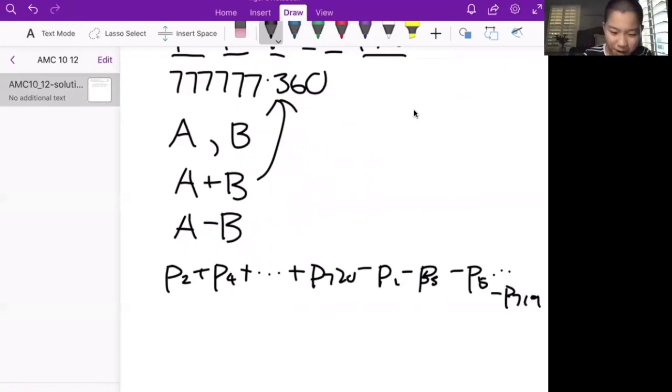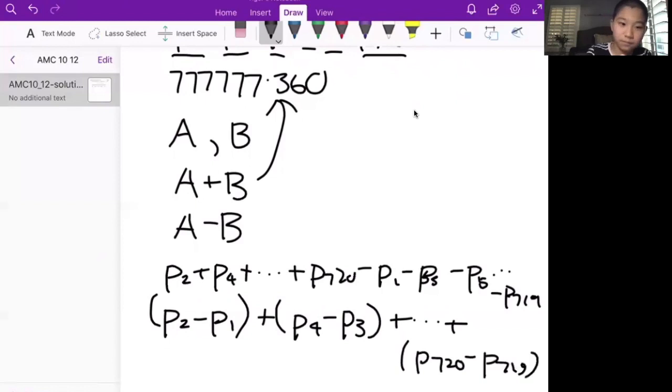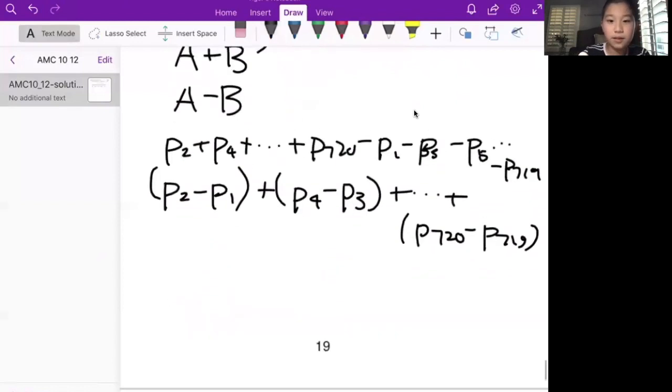So we can just pair them up, analyze the individual differences, and then sum them all up in the end. So we get this. And then what is their difference?